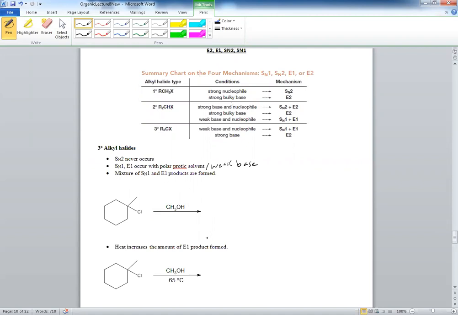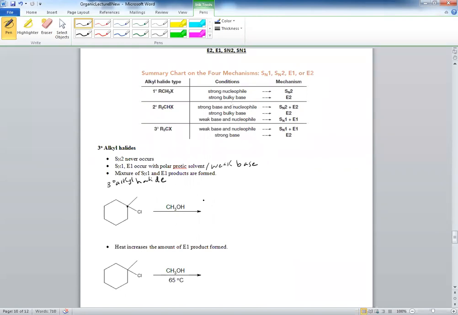How do I tell this? Well, I'm going to start with the alkyl halide. I have a tertiary alkyl halide. I have a good leaving group.